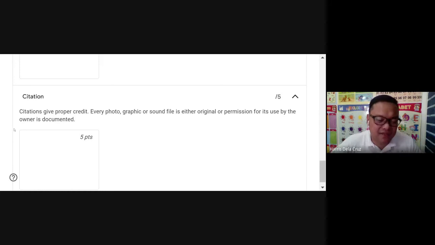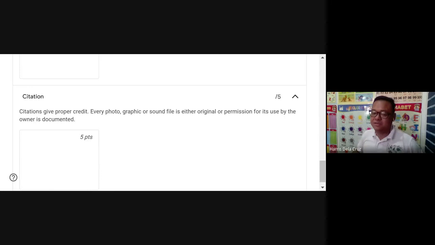So again, ang point lang, dapat tama yung grammar, yung syntax na ginamit, and so on. And finally, citations. This is equally important. Citations give proper credit. Every photographic or sound file is either original or permission for its use by the owner is documented. So kung hindi inyo yung sound file na gagamitin ninyo, yung video, yung clip, dapat merong proper citations.